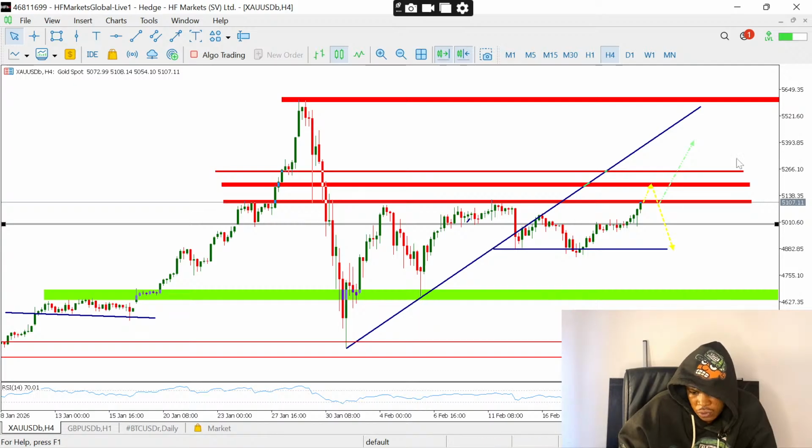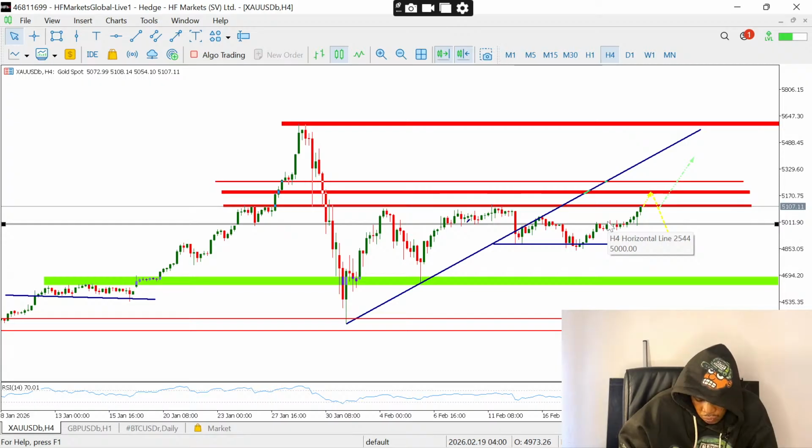As I'm sharing my own analysis, you guys too can also bring your opinion on this. What do you think is going to happen on gold tomorrow? What do you guys think? So let me break it down.